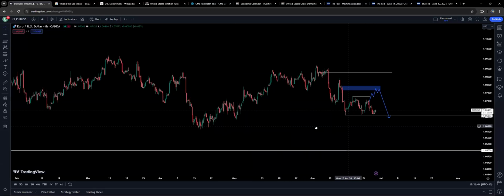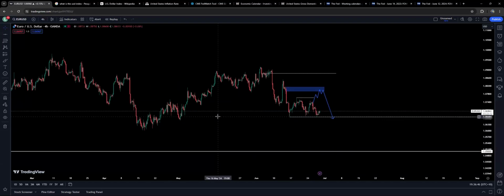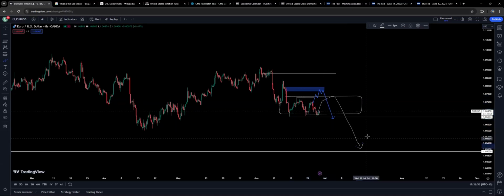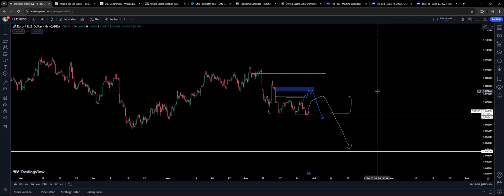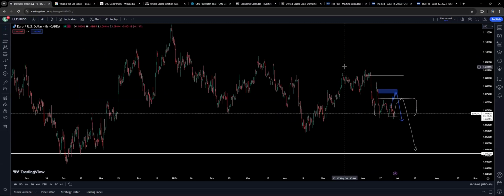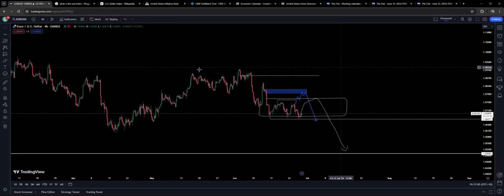And to be very honest, that does look like a small consolidation for a continuation lower. Just being very transparent with everyone here. So that would be a good trade.